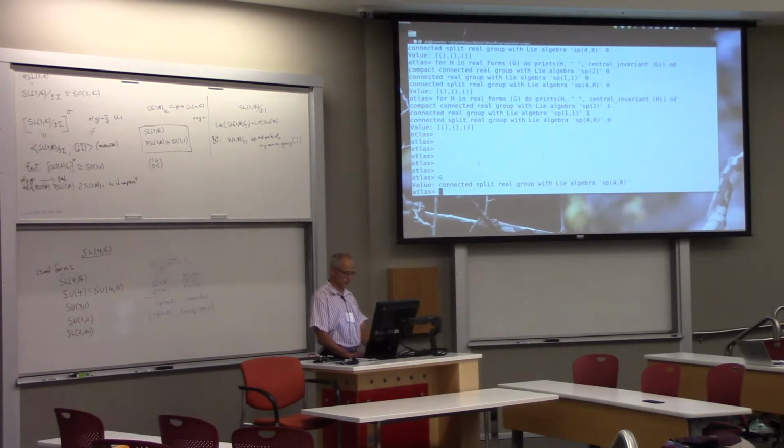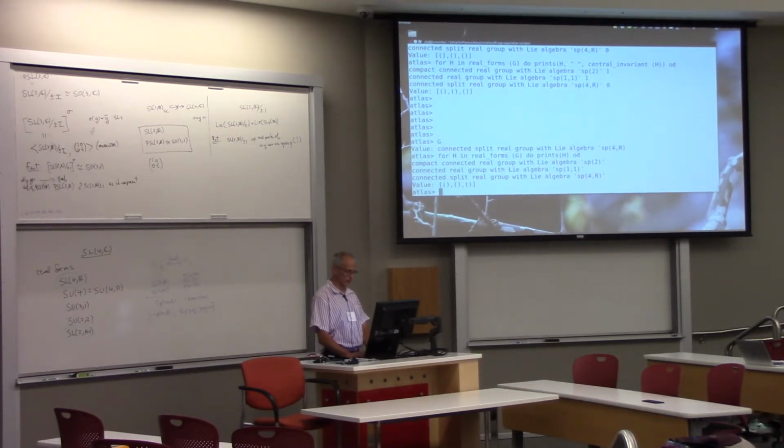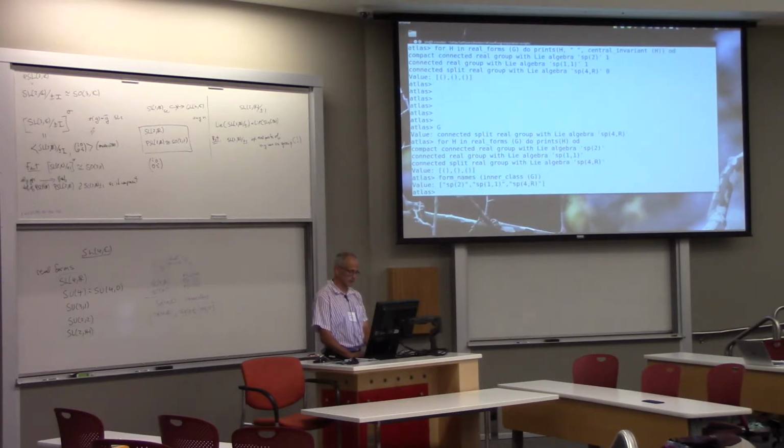So G is SP4R. If you do for H in the real forms of G, you get 3 with all this information, connected, split, and so on, with Lie algebra SP4R. But if I do form names of inner class of G, I just get the Lie algebras at the end.